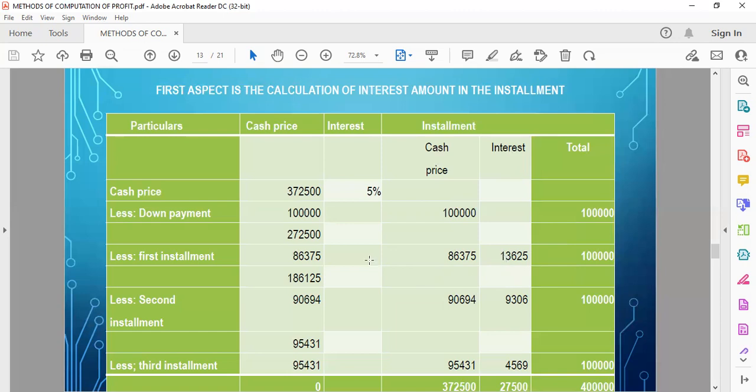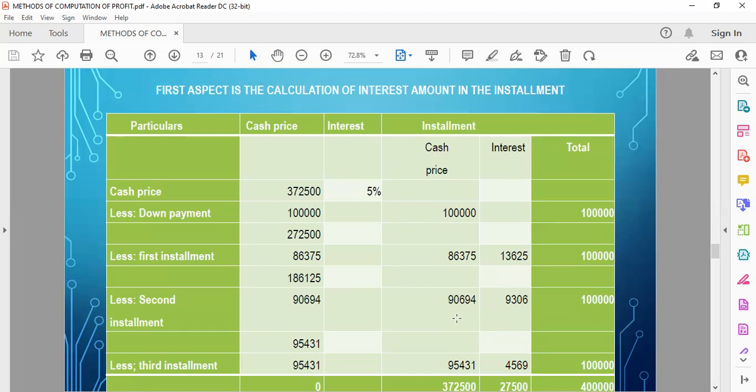Then you come to the second installment. The second installment they are giving is 90,694. So how much is the interest? Here we have to calculate 5% on 1,86,125, and it will come to 9,306.